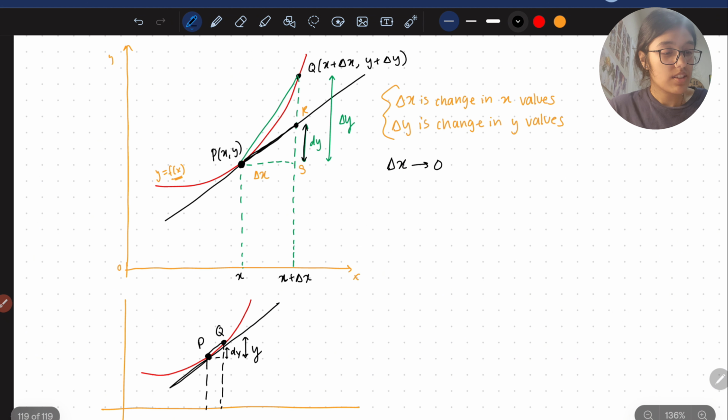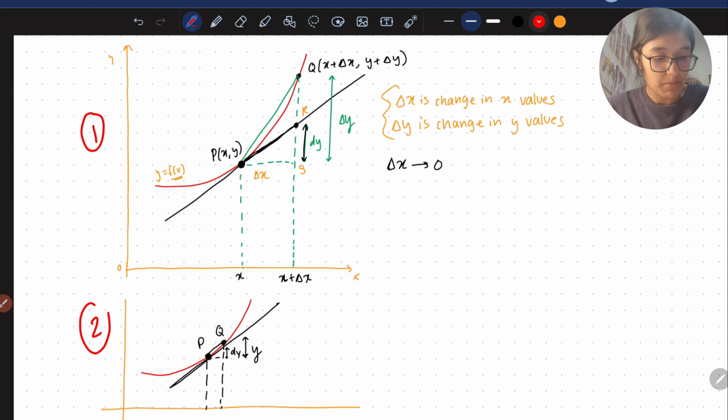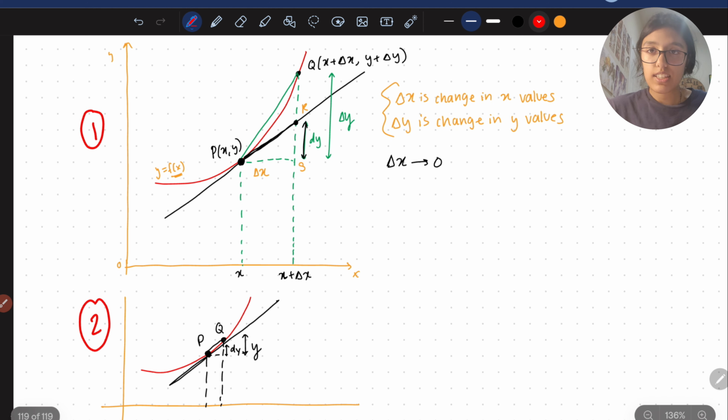Let's label this the first case and that the second case. In the first case scenario, we see that the difference between delta y and dy is a lot. We can see that delta y is a lot longer than dy.